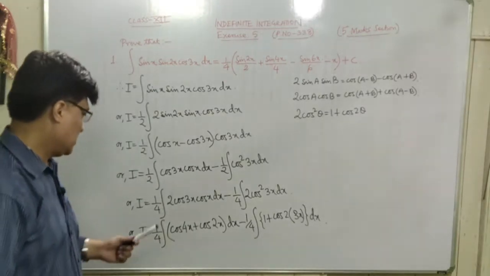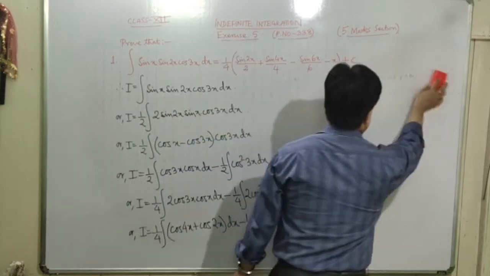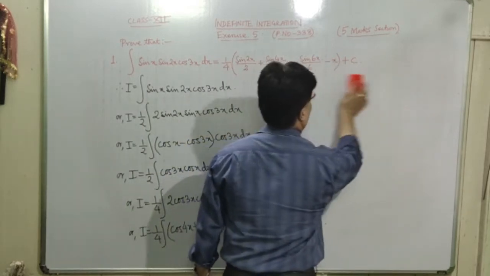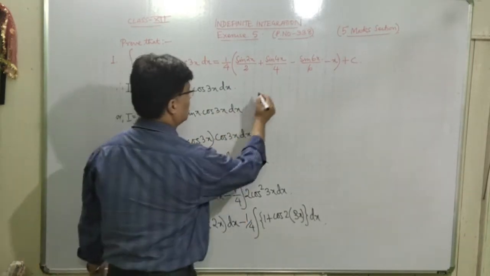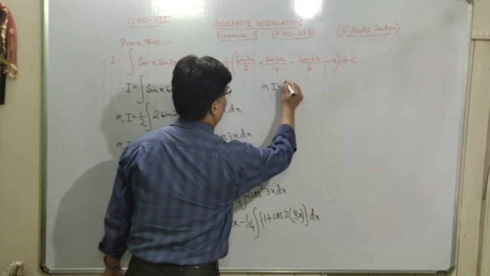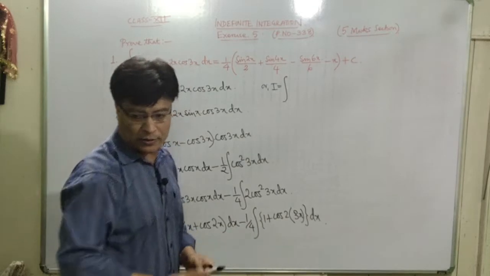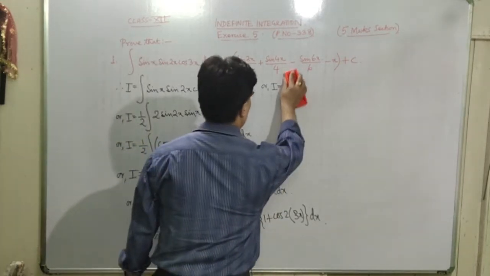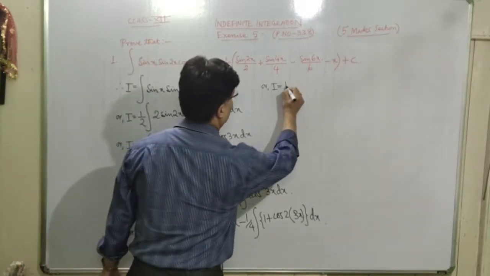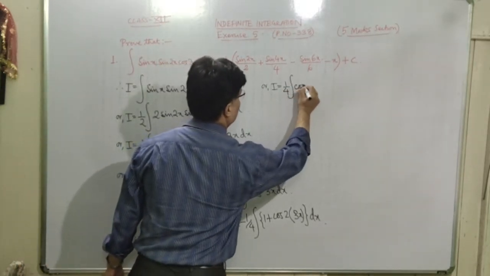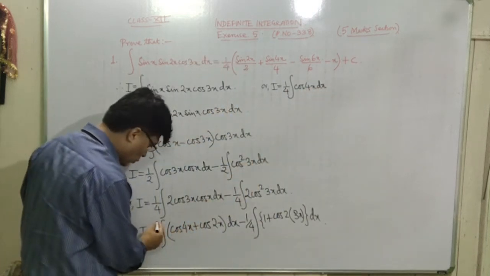So let us simplify it further. I is equal to, you can split it, separate it, it is 1/4. So let us write 1/4 first here. I is equal to 1/4 integration of cos 4x dx, then plus 1/4 integration of cos 2x dx.